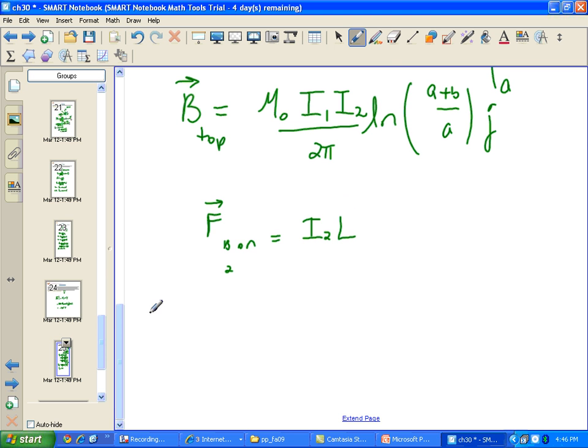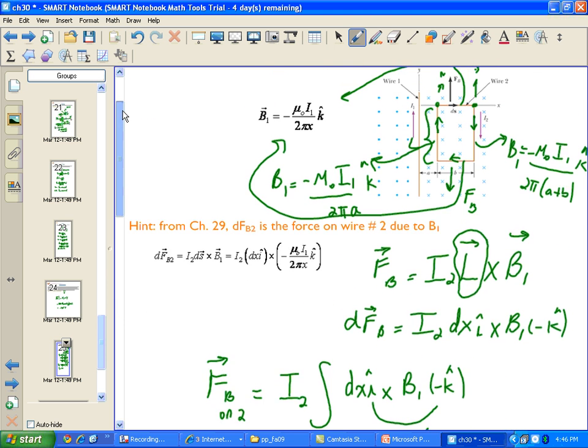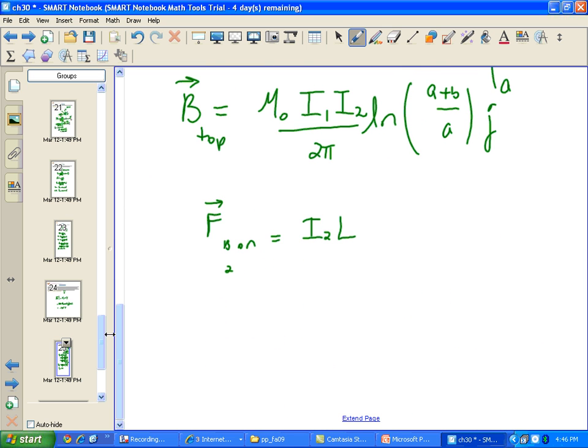And L, of course, is in the positive j hat direction. So direction-wise, it's positive j hat. And we're going to cross it with B1, which is in the negative k hat direction.